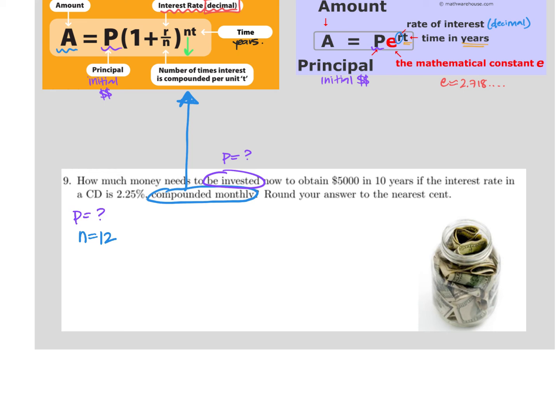Other things we know: we know that we want the result to be $5,000. And we know that we are willing to wait 10 years. So t is 10.